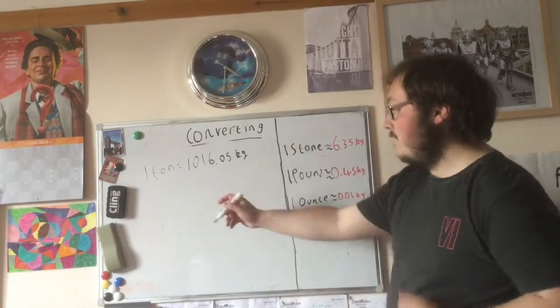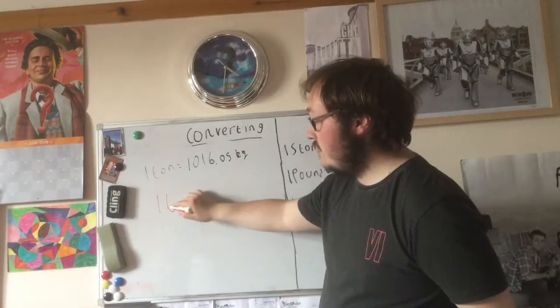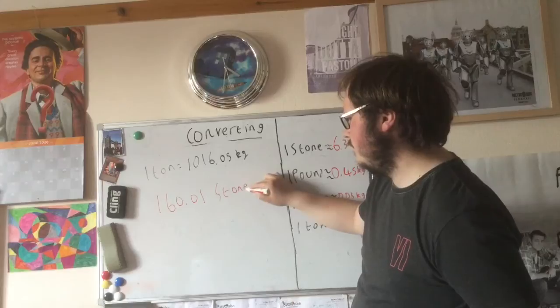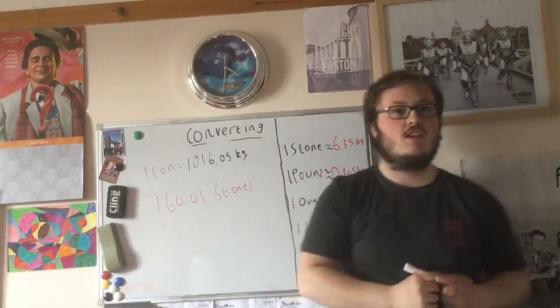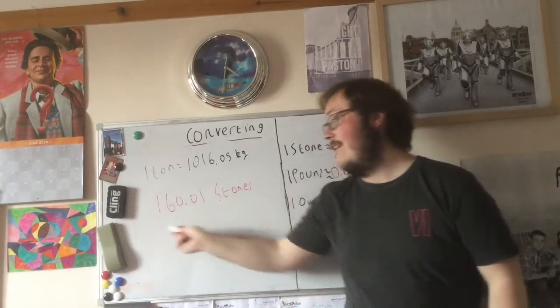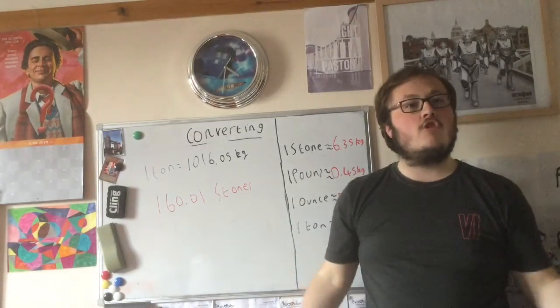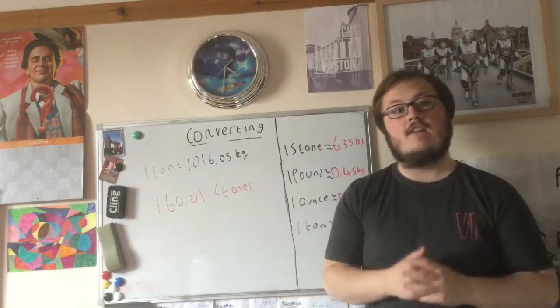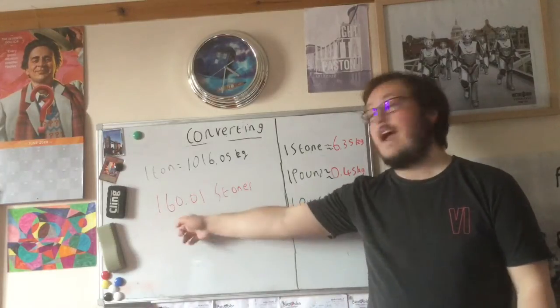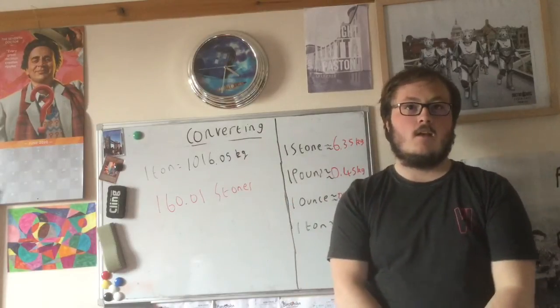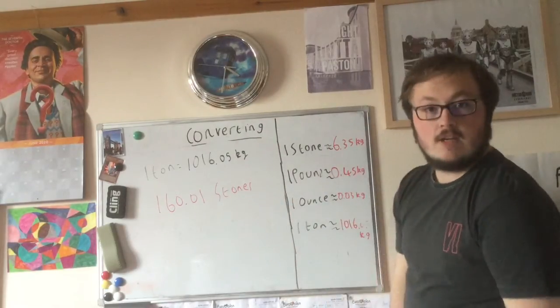So 1 ton is the equivalent of 160.01 stone. That's very, very heavy. Bearing in mind the average human is about 11 to 13 stone, that is humongous. Now, let's look at some other conversions.